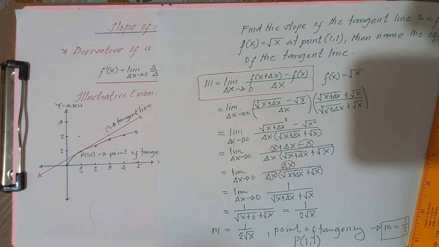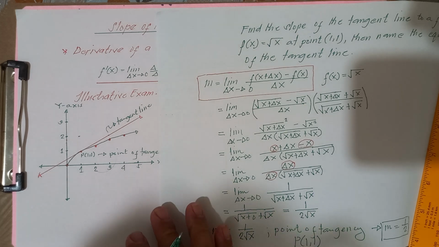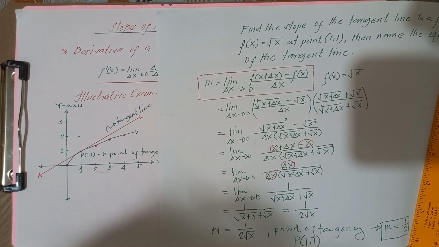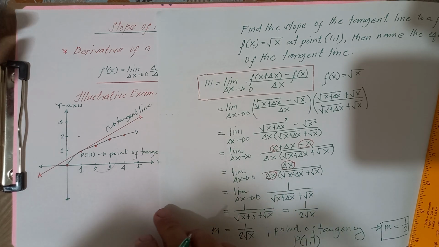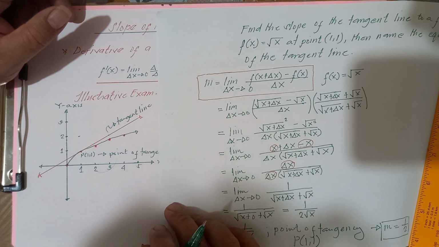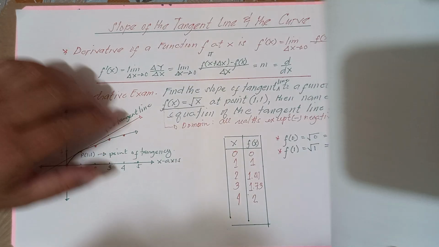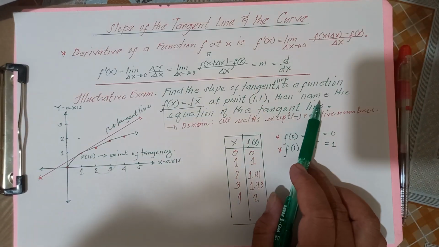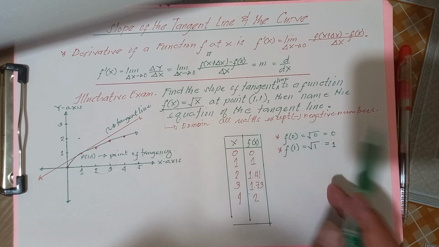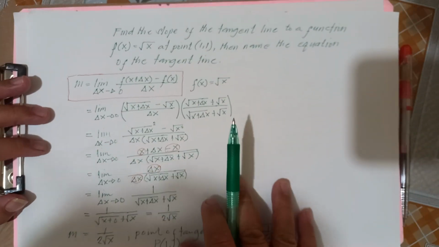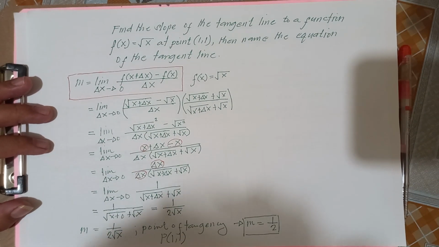Now, after knowing the slope, we are going to look for the equation of the tangent line, which is the next problem. It says in the problem, name the equation of the tangent line.